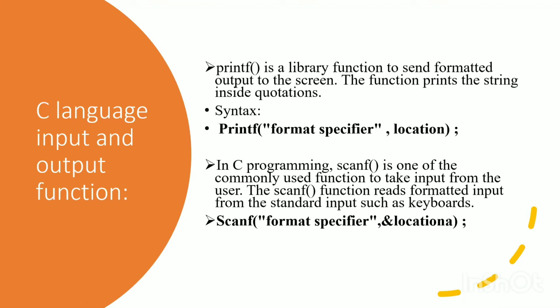This is the syntax of the printf statement: printf, opening parenthesis, double quotes, we have to give the message or write the format specifier, closing quotations, comma, location, that is the variable name, semicolon.